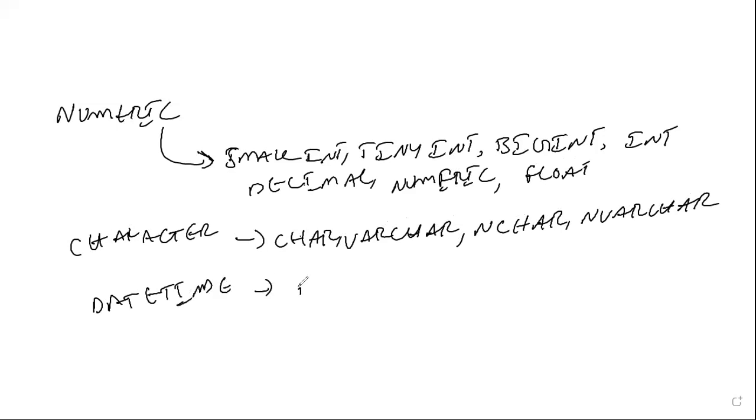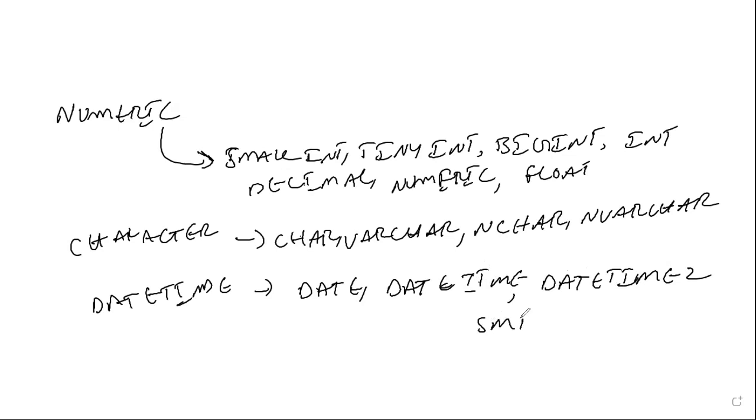When it comes to date time, we have date, date time, and small date time. So write down this one: under numeric, we will be having small int, tiny int, big int, decimal, numeric, float.